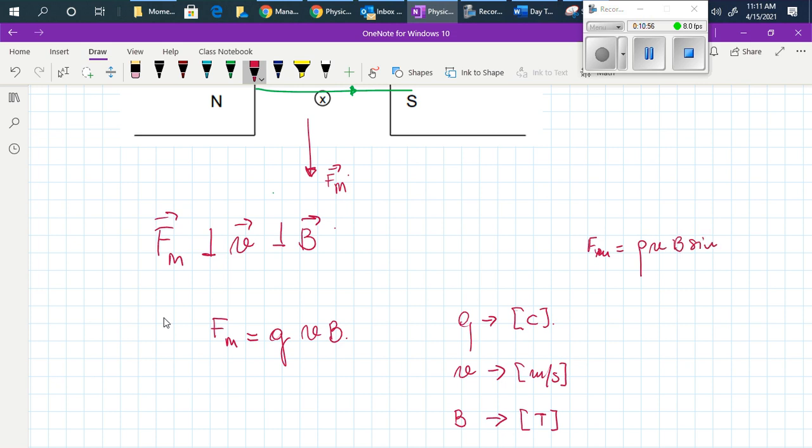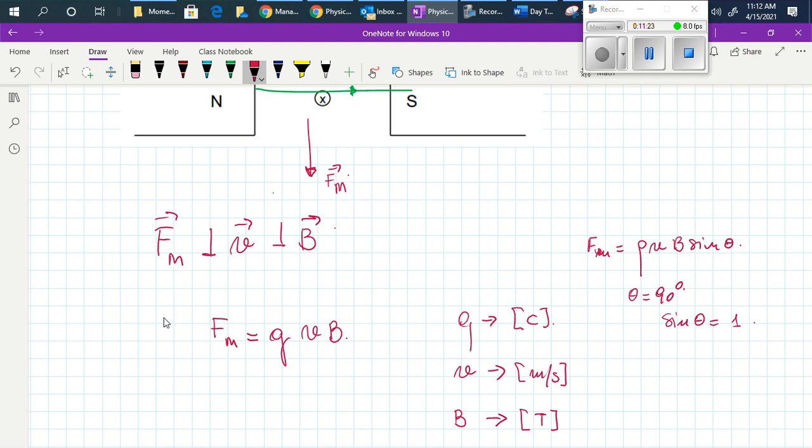Now, in some cases you will see this formula as QVB sine theta, where theta is the angle between the velocity and B. However, as I said, in the cases of Physics 30, angle theta is 90 degrees because they are mutually perpendicular to each other. So that results in sine theta being equal to 1.